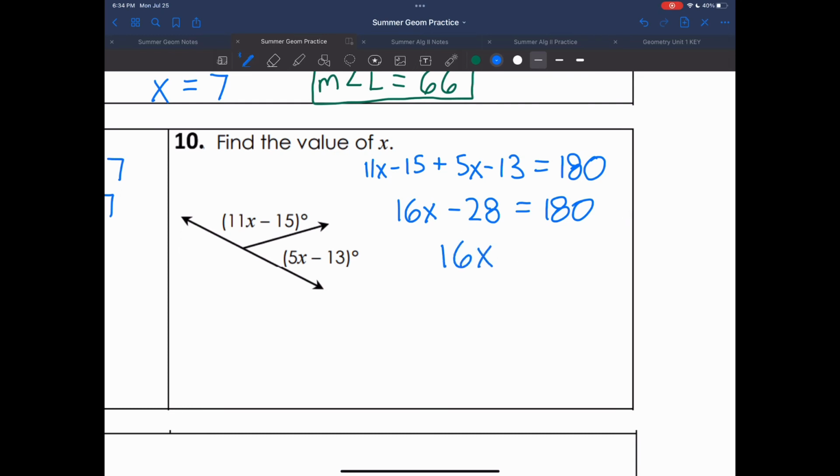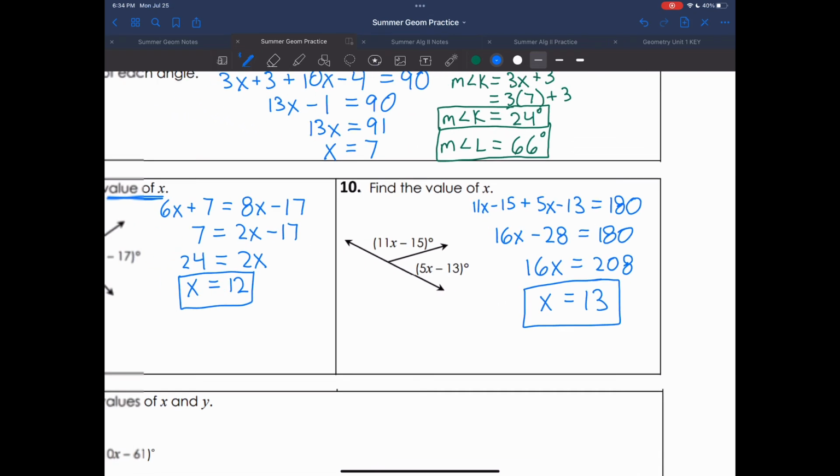So we would get 16x equals 208. And then divide both sides by 16. So we get x equals, I bet that's a whole number. Let's see, 208 divided by 16. Yeah, we get 13 for x. And that's it, because we just have to solve for x on this one.